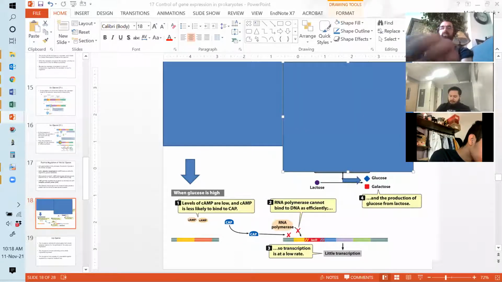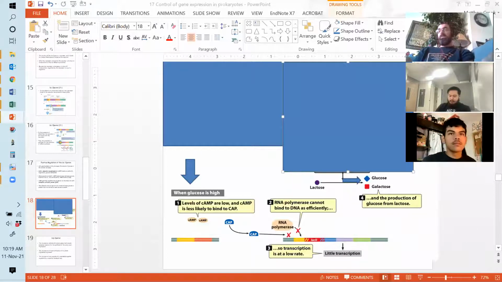So low cyclic AMP levels equals little CAP, equals not very efficient binding of RNA pol to LAC-P, equals very little expression of the lac operon. Not zero, but very low.